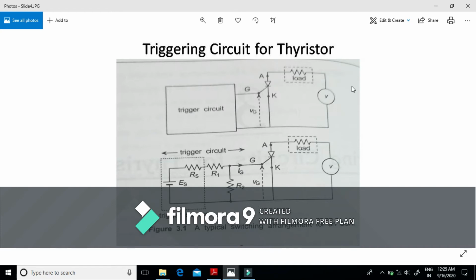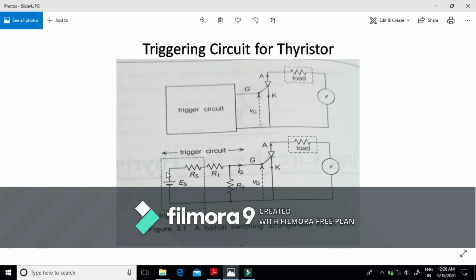Triggering circuit for thyristor. Triggering or firing means turning on of SCR. Normally, thyristors are switched on by supplying a voltage signal at the gate terminal of the device. This is done with the help of the gate drive circuit that we call the driving circuit, triggering circuit, or firing circuit.